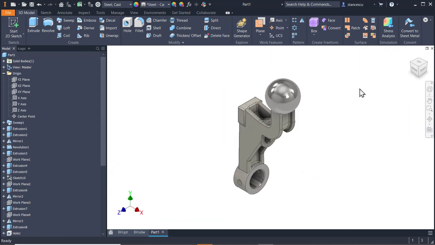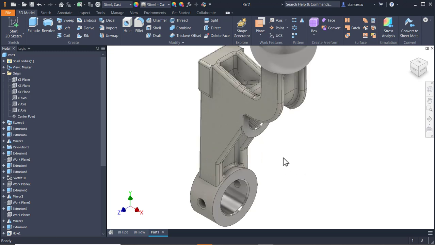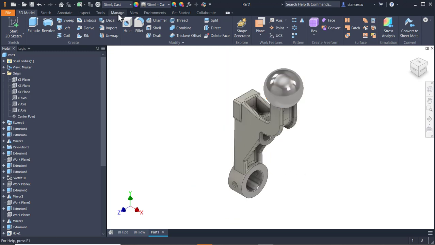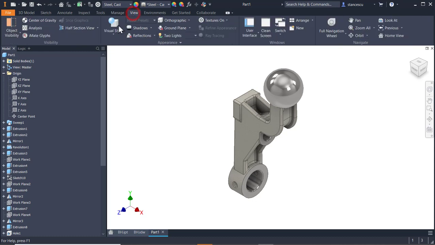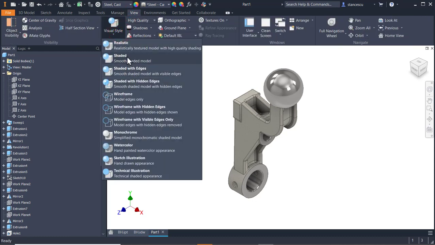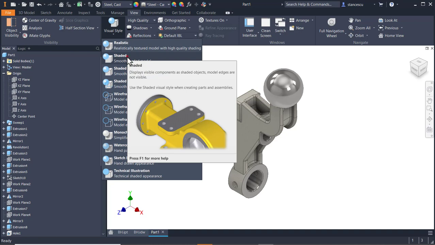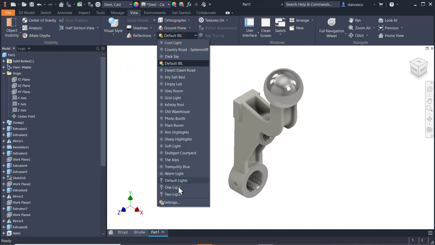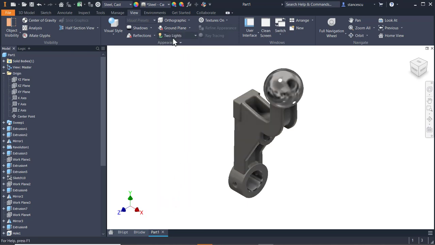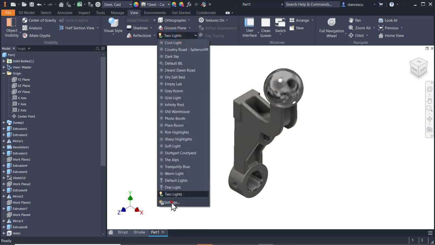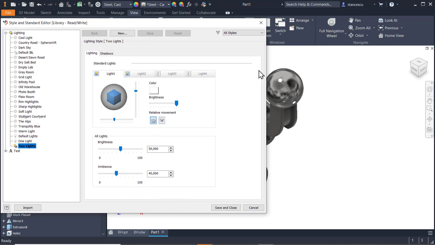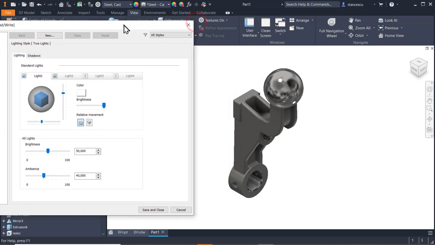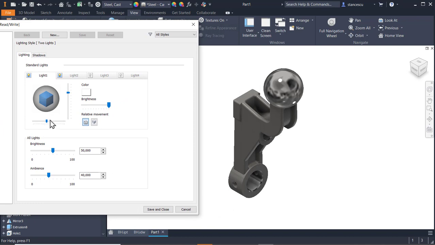F6. Now, if you want to have a better presentation, you can use the visual style shaded, not with edges. Default IBL to be 2 lights. Settings. The light number 1.